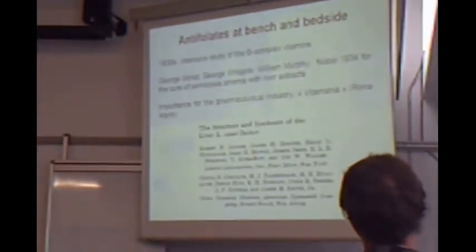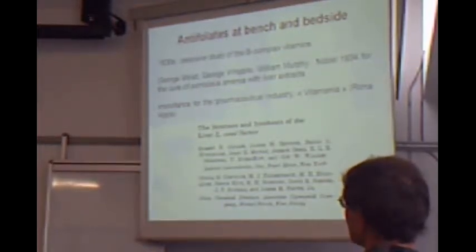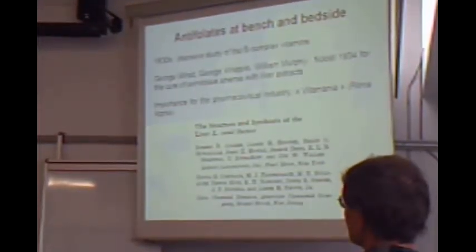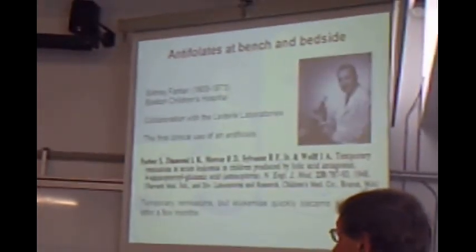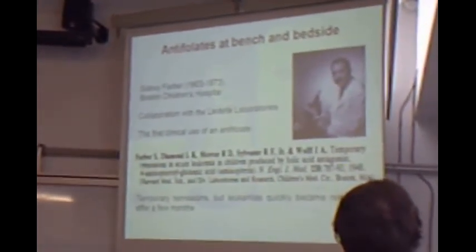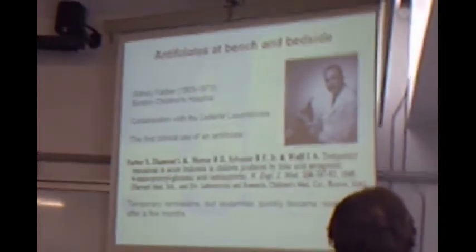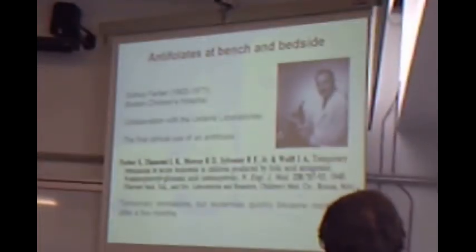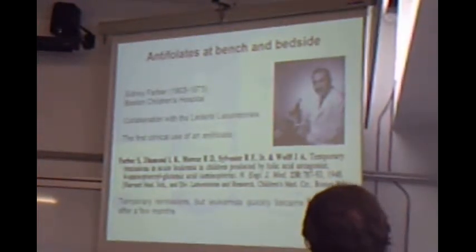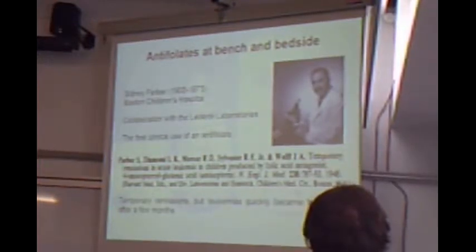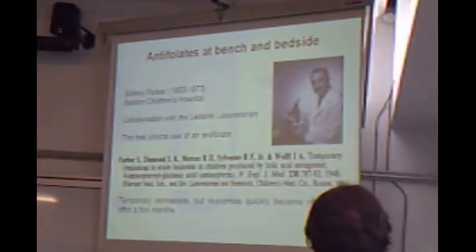And this was a challenging venture for a lot of physicians interested in blood diseases, and particularly it really interested Sidney Farber, who was a pediatrician at the Boston Children's Hospital and who studied kidneys in children. So he started a collaboration with the chemists at the Lederle labs, and he wanted to try anti-metabolites of folic acid to try to cure leukemias.